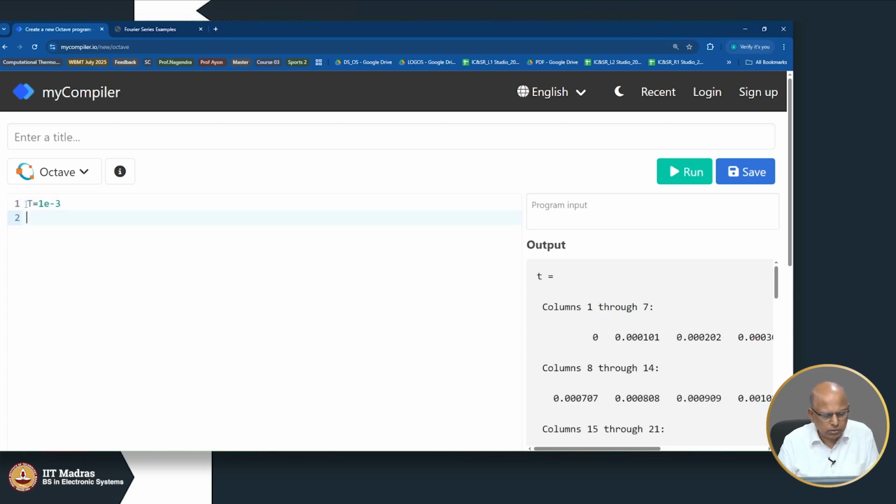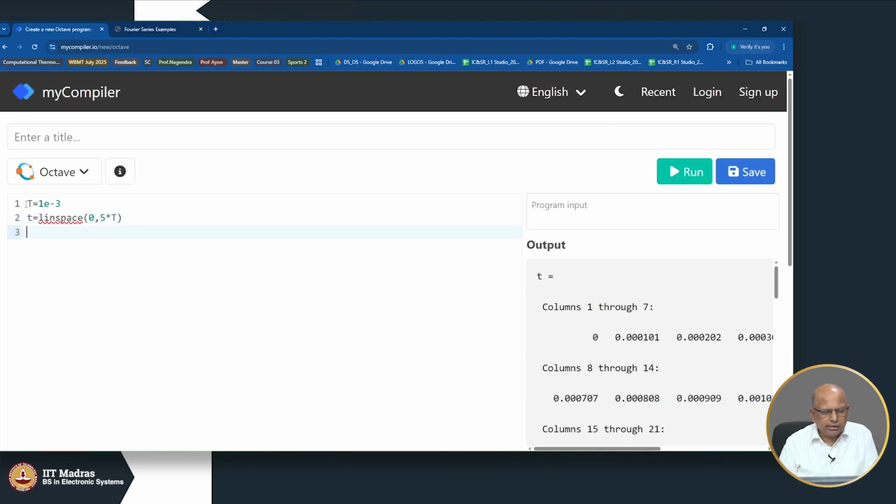Let us assume the period to be 1 millisecond, and let us take t to be a time sample, linearly sampled from, let us say, 0 to 5 times t. That means 5 waveforms.